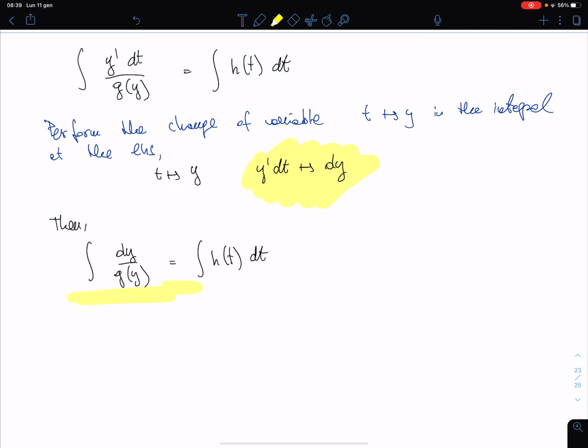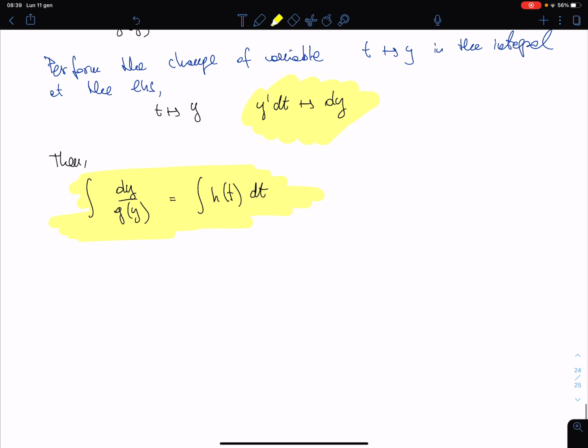Now we can move forward and call capital H and capital G two functions such that capital H is a primitive of h and capital G is a primitive of 1 over g, so be careful here.